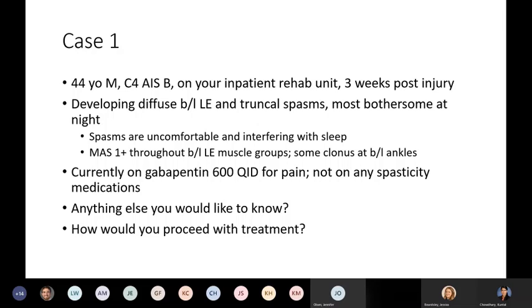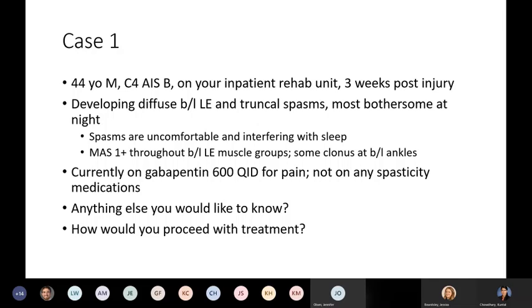They are uncomfortable and interfering with sleep. When you examine him, you give him an MAS 1+ score, diffusely throughout the bilateral lower extremity muscle groups. He has some elicited clonus at the bilateral ankles. He's currently on gabapentin for pain and not on any spasticity medications.